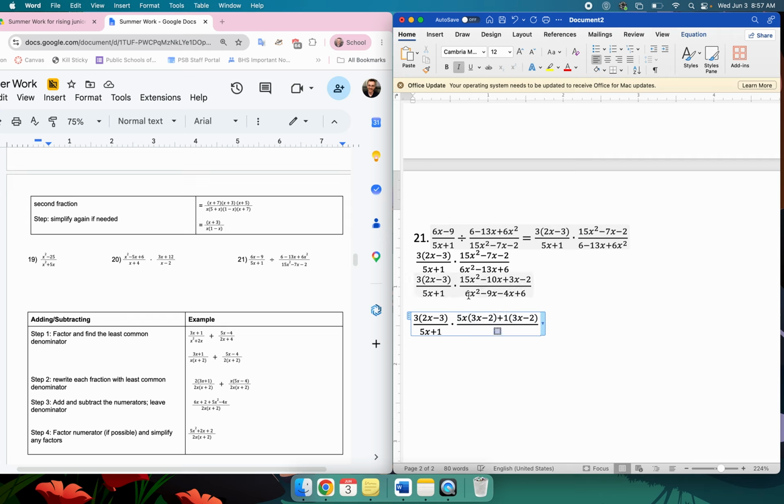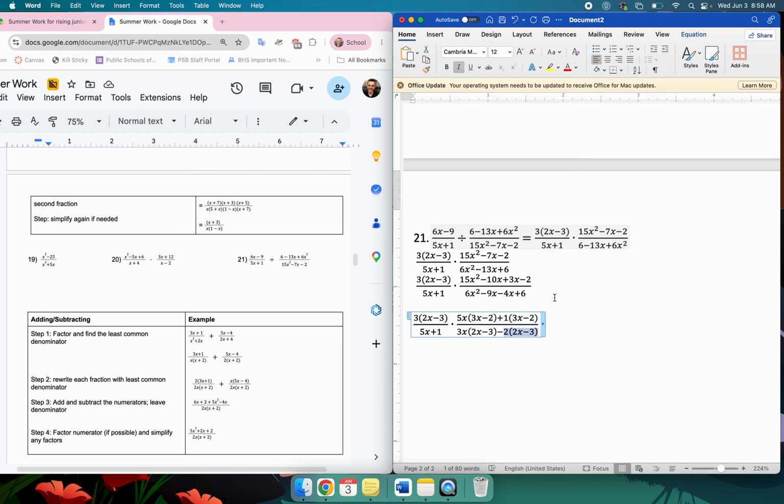And then I'm doing the same thing in the bottom. So these two guys here, the GCF is 3x. So I'll remove that, which leaves me with 2x minus 3. And then these two guys here, the GCF is just 2, but I want to pull out a -2 to make the same factor of 2x minus 3 appear in both terms.